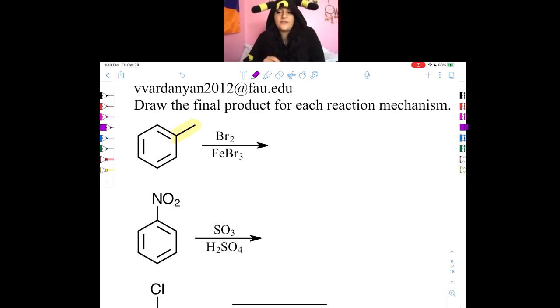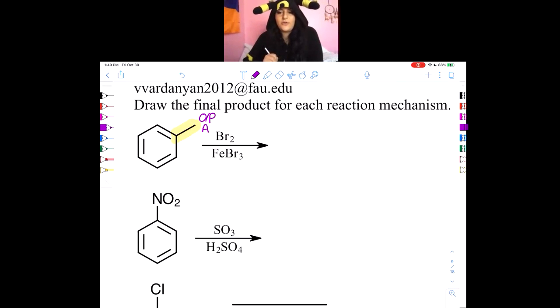So is it going to be an activator or a deactivator? Yes, it's going to be an activator. And since it is an activator, is it ortho-para-directing or is it meta-directing? Ortho-para. Exactly.